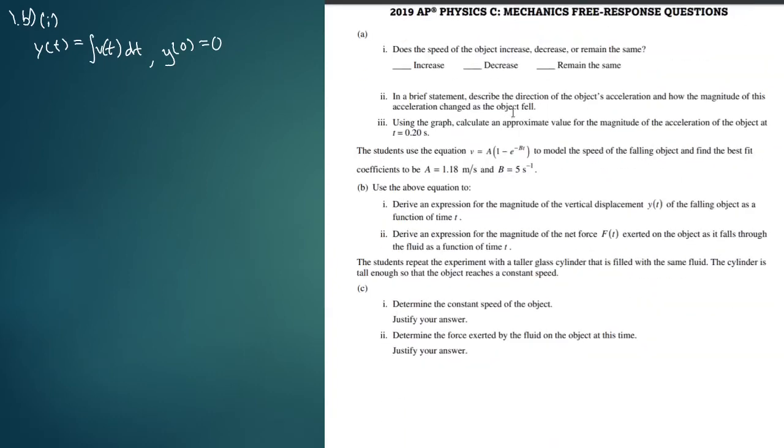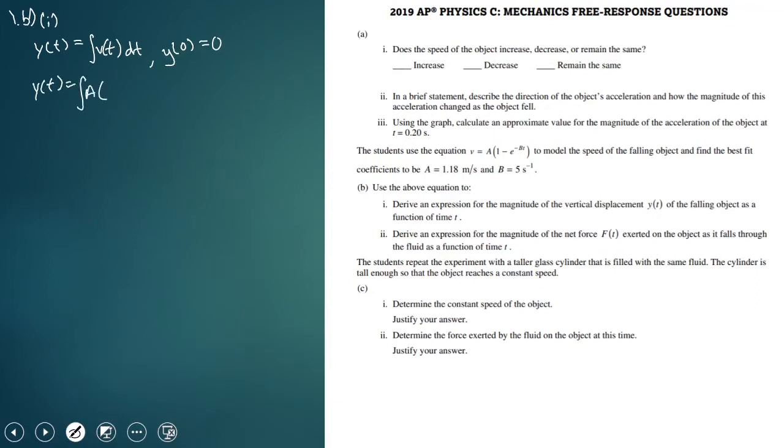So now we can go ahead and utilize this velocity function to integrate, and so we get y at t is equal to the integral of a times 1 minus e to the power of negative bt dt. And so this should be something that you guys can integrate fairly quickly.